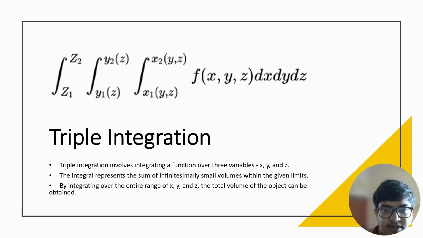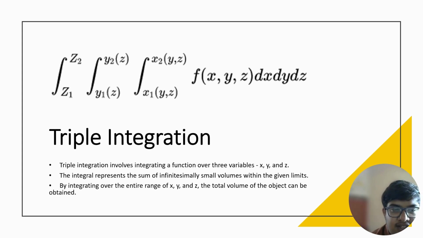Now let us know more about triple integration. As you can see, that is the formula of triple integration, where f of x y z defines the equation or the different variables.